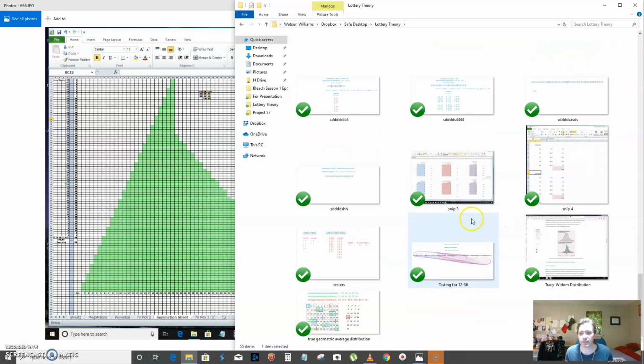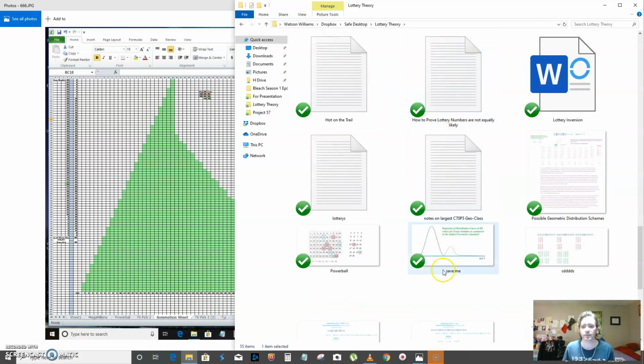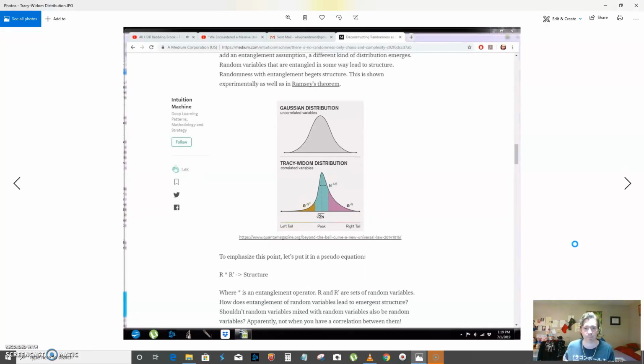I don't see it right now, but I picked 50 lottery numbers and analyzed them against the ideal geometric standard, and I got a picture that looked similar to this with the secondary hump there.